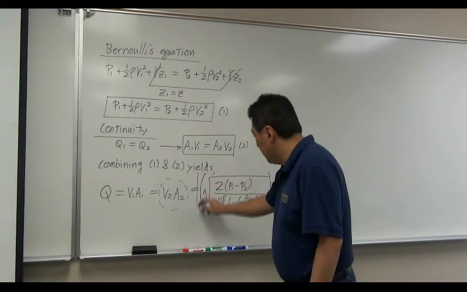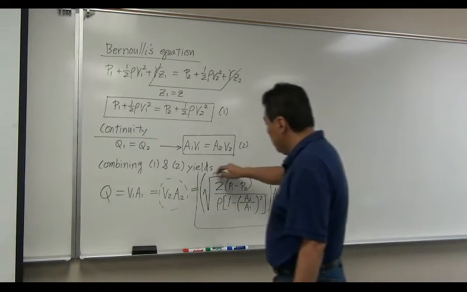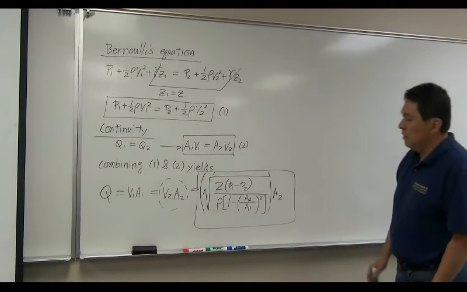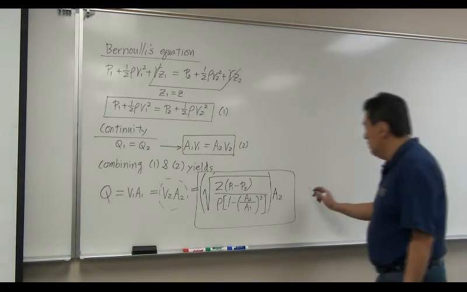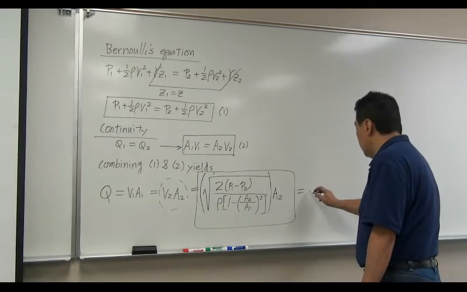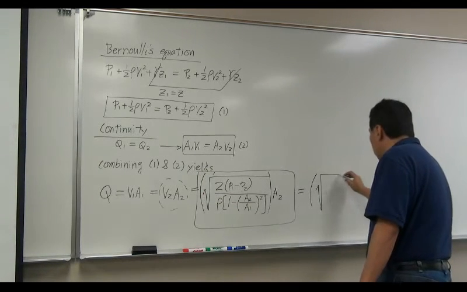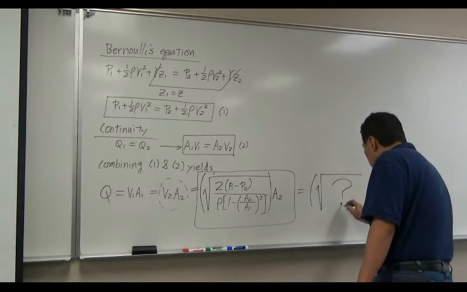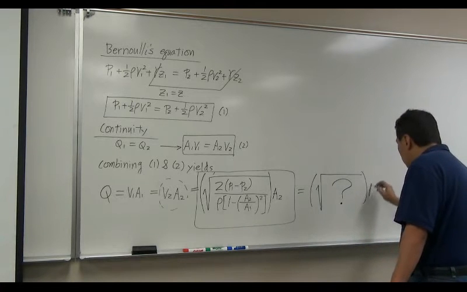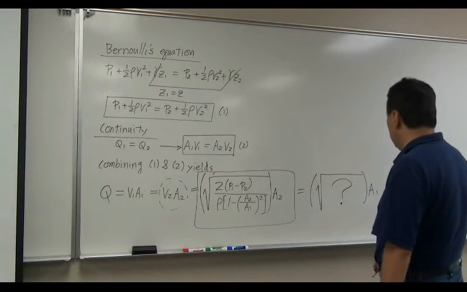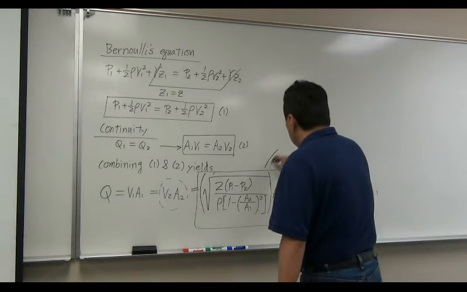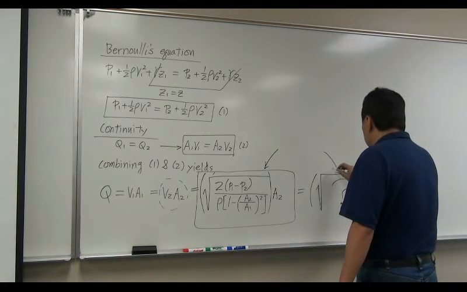Okay. So this is the equation of flow rate. Now obviously you can have similar equation, which is square root of very similar thing times A1 also. Okay. So here's my challenge for you.